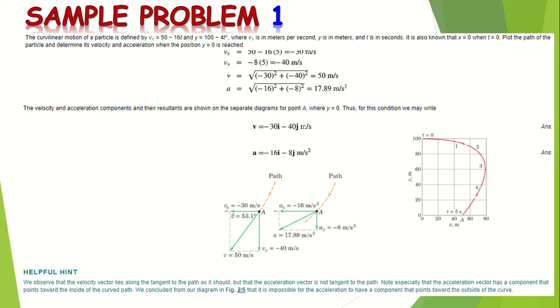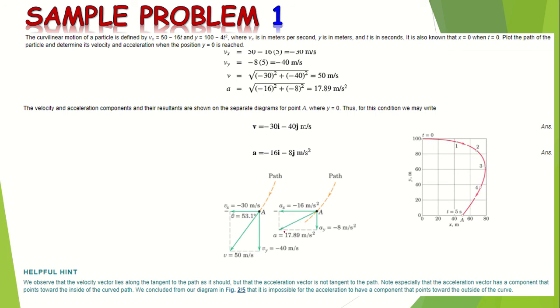Acceleration 16, this is the horizontal component. Negative, so it means that it's going to the left. Then our ay is negative also, so going down. So therefore our acceleration is in this direction.